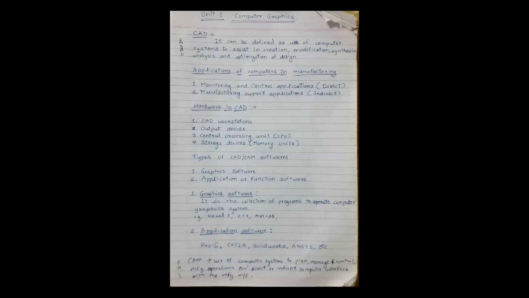Now, if you classify the CAD CAM software, there are two types: graphics software and application software. Graphics software are the programming software like Visual C, C++, MATLAB. We are all aware of the MATLAB language.